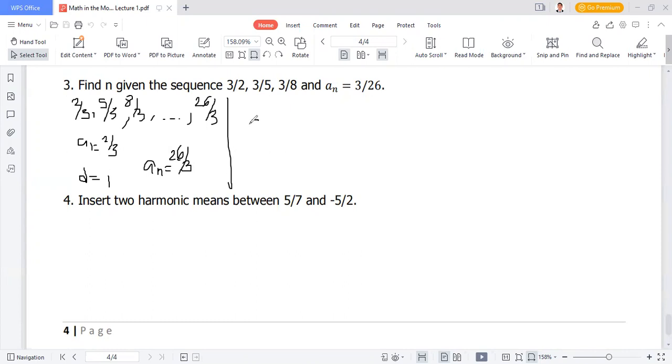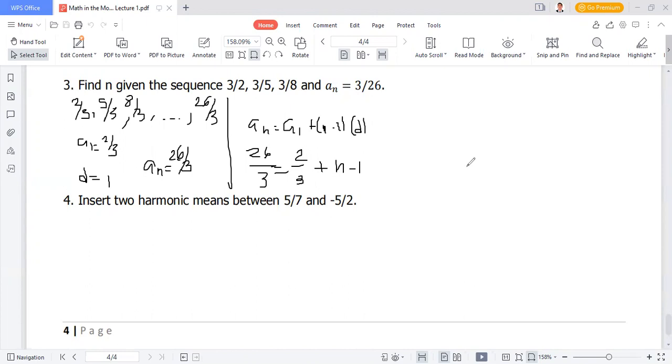So, ganun lang din. A sub n equals a sub 1 plus n minus 1 times d. Okay? So, ang a sub n natin ay 26/3 minus a sub 1 natin ay 2/3. Equals muna. 2/3 plus n minus 1 times d. Ang d natin ay 1, so n minus 1 na lang.